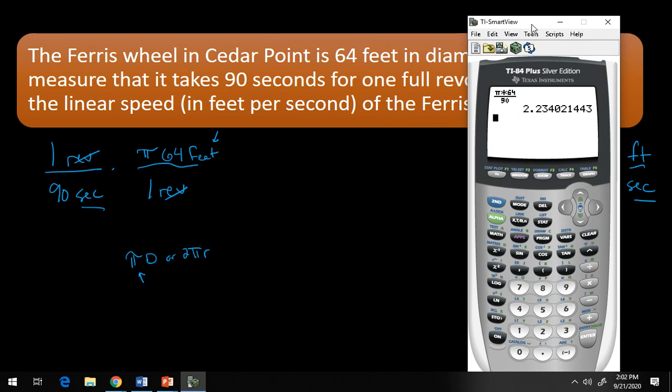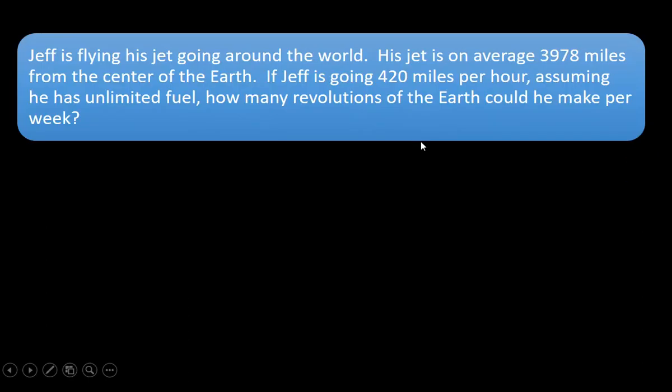Okay. All right, we'll do one last one. Jeff is flying his jet around the world. Well, good for Jeff. His jet is on average 3,978 miles from the center of the earth. If Jeff is going 420 miles per hour, assuming he has unlimited fuel, how many revolutions of the Earth could he make per week?